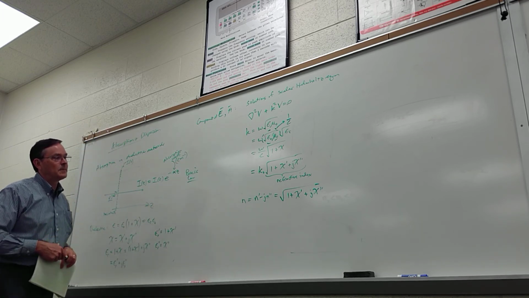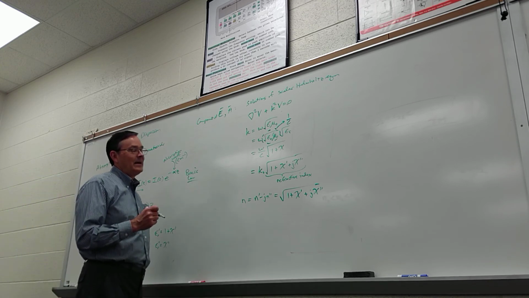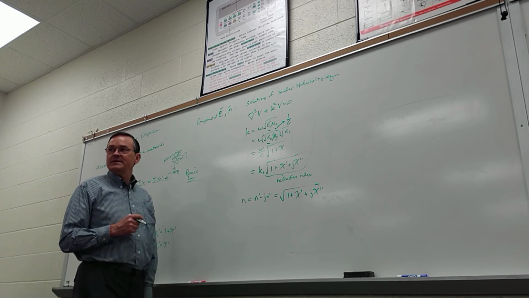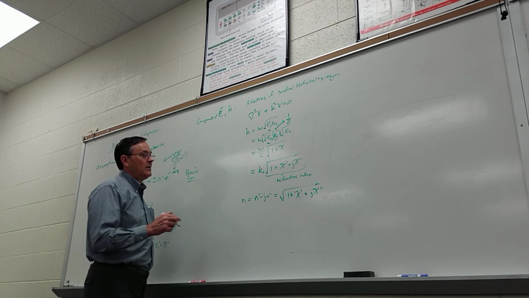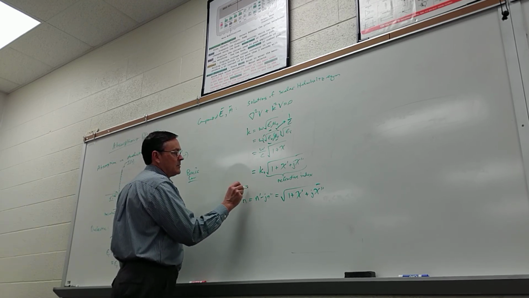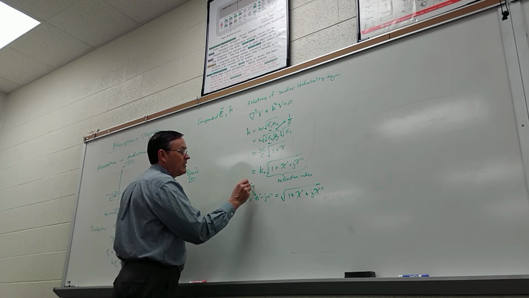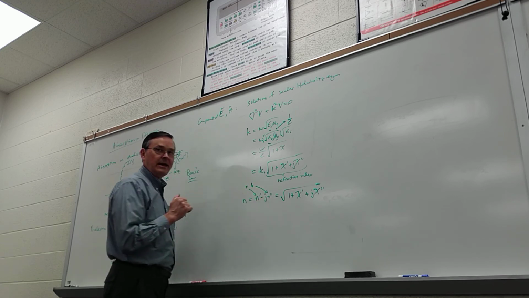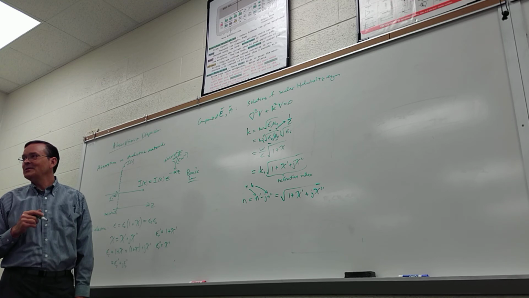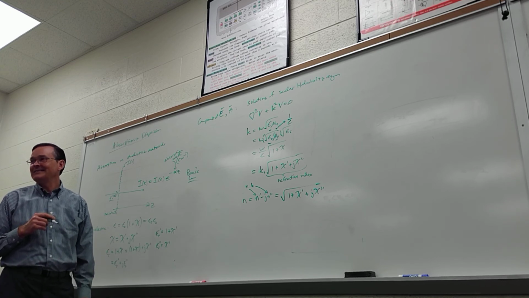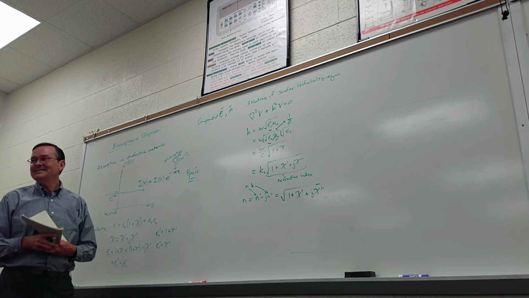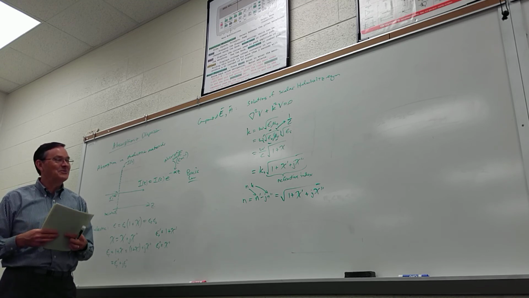Oh, and just for fun, in some of the optics literature, this is called N. And this is called K. Not the wave number. It's terrible. Out of all the letters you could choose. I know, isn't that awful?